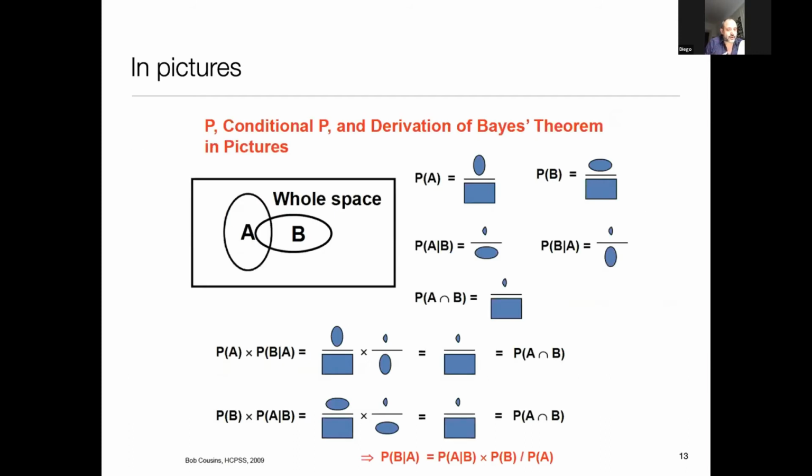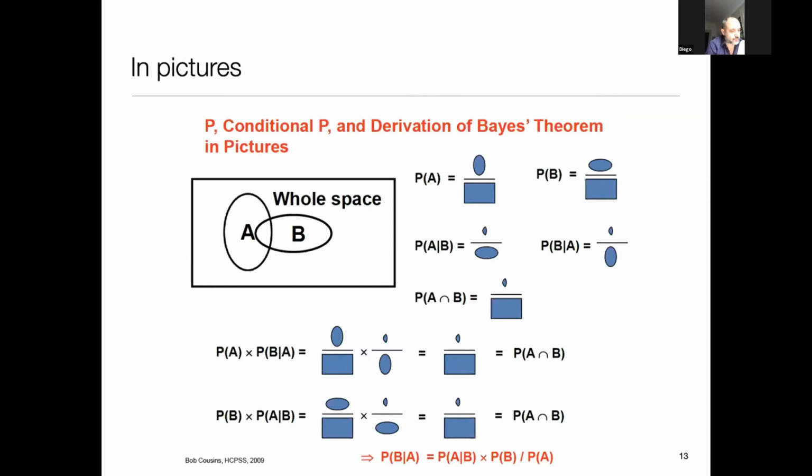One nice way of convincing yourself that the theorem is valid is to look at these sketches here. So you have to refer to the top left picture where you have the whole space, which is a rectangular shape. And in this whole space, you are selecting two partially intersecting sets of outcomes, A and B, okay?